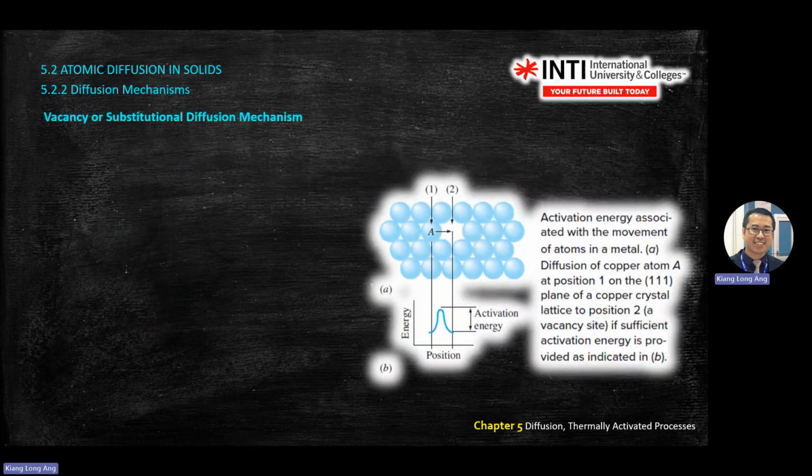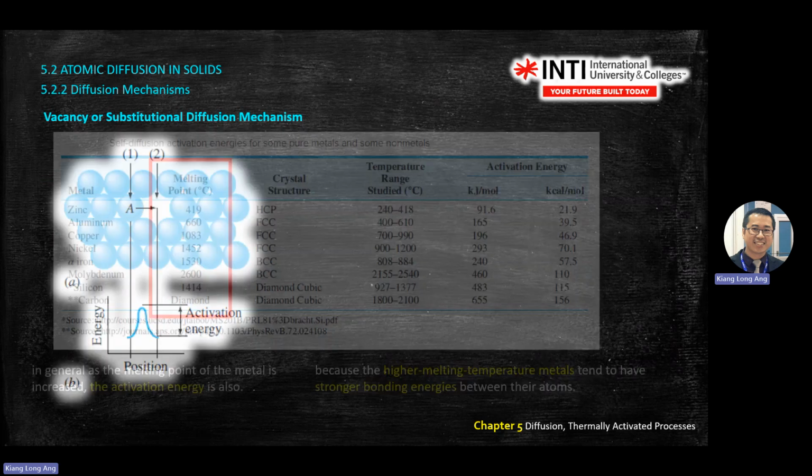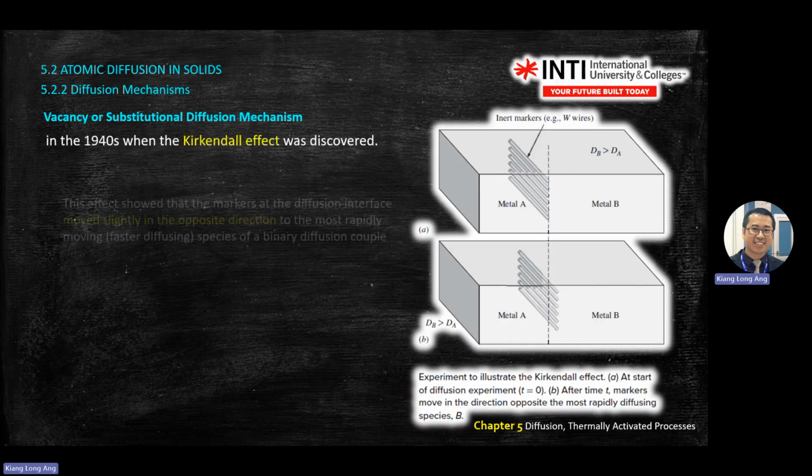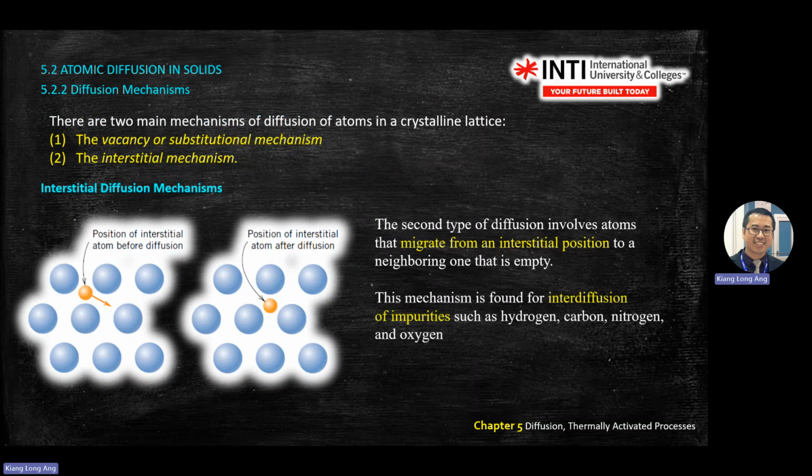Substitution is something like this: we replace the same atoms by meeting the Hume-Rothery rules. By interstitial, the size will be smaller than the space available. So as you can see, the orange atoms can move to the position here.